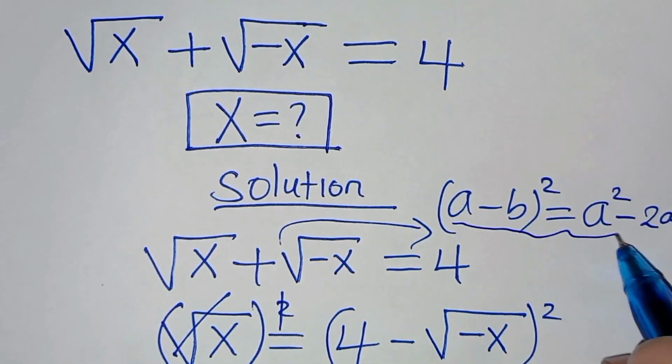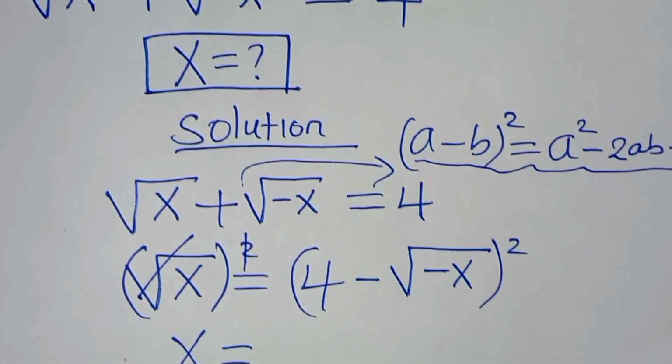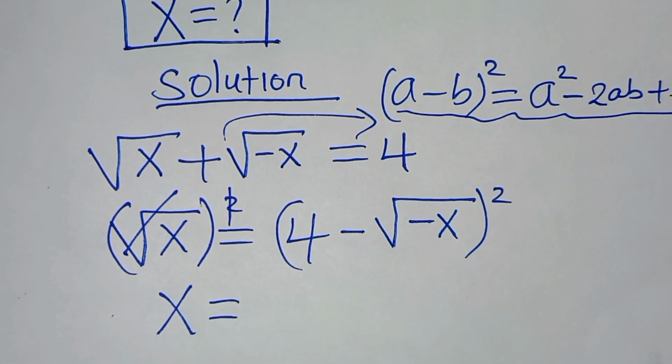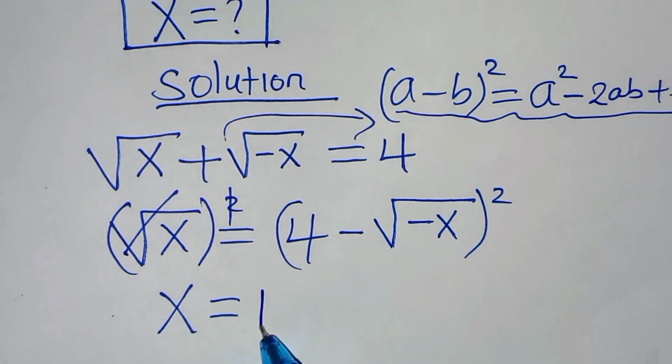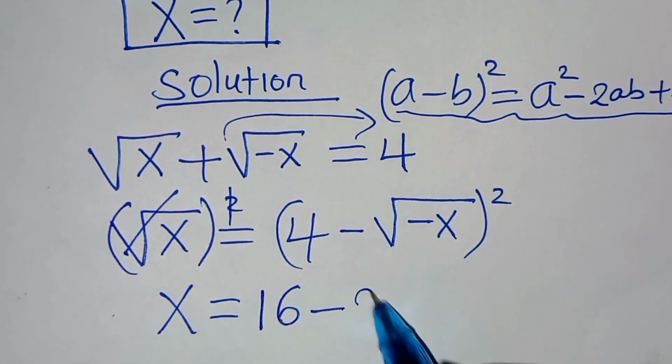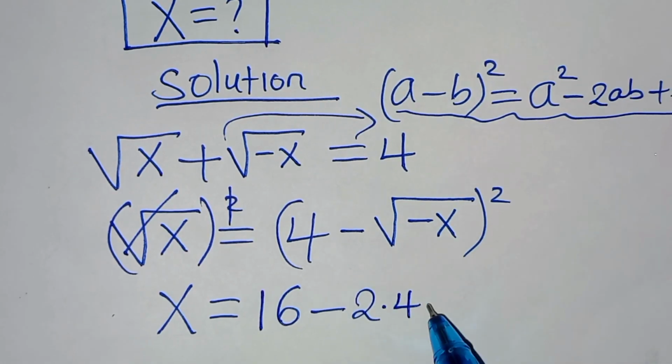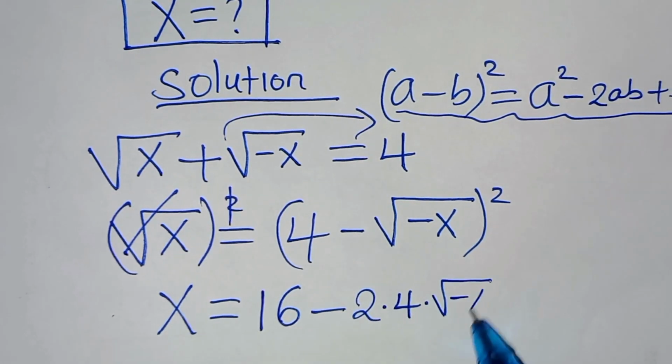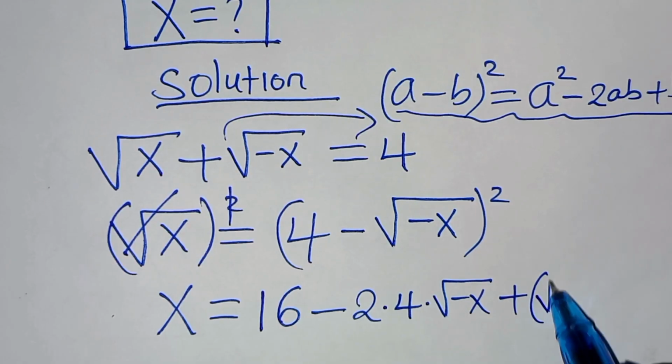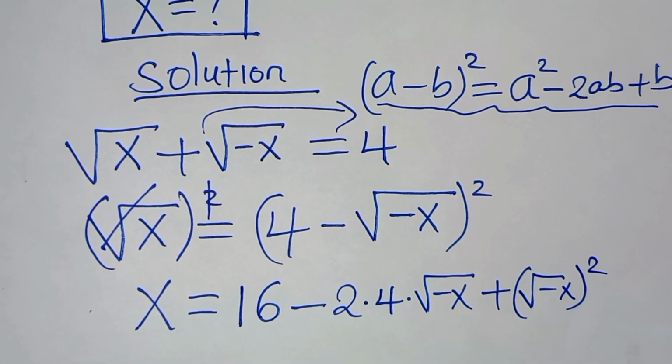Let's apply this algebraic identity, so that we have x is equal to 4 squared, which is 16, minus 2 times 4 times the square root of minus x, plus the square root of minus x squared.